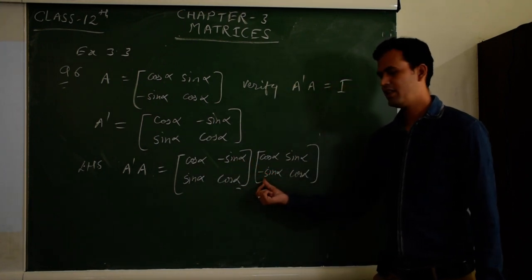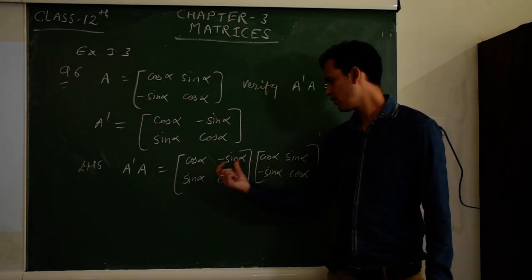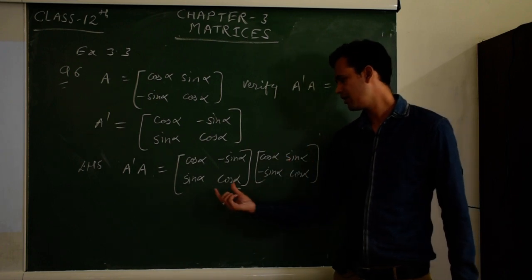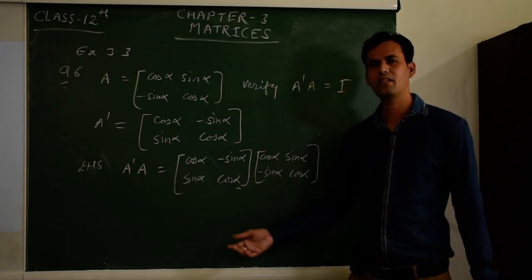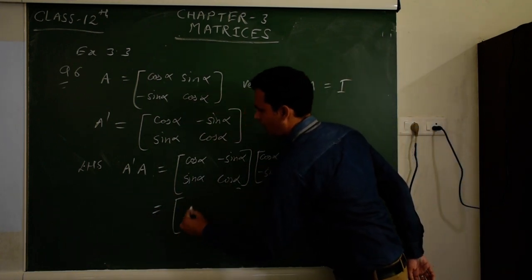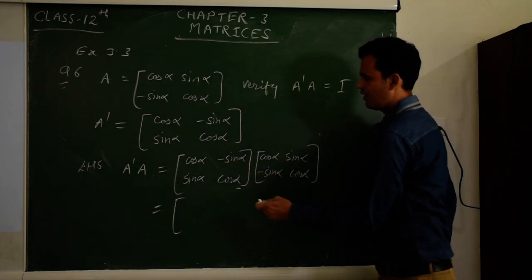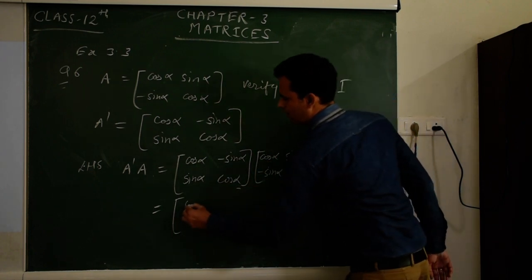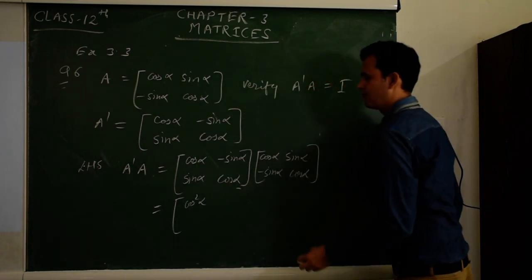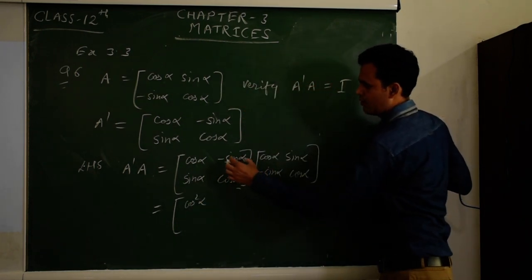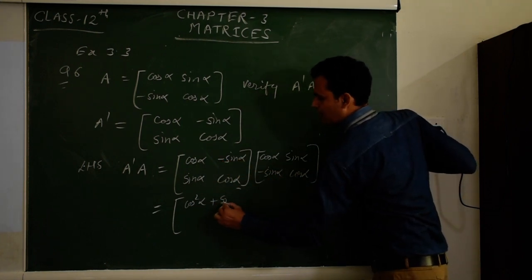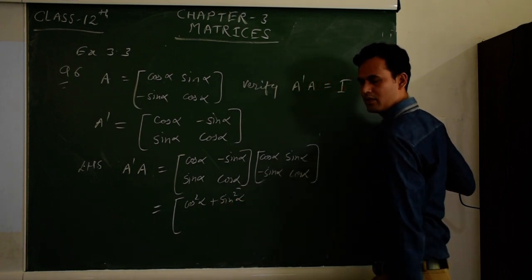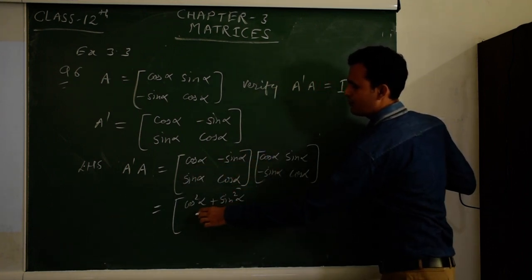First row, first column, first element; first row, second column, second element; second row, first column, first element, and second row, second column, second element. So first row, first column: cos alpha into cos alpha, cos square alpha, plus second element into second, minus sin alpha into minus sin alpha, that is plus sin square alpha. So this is the first row, first column element.